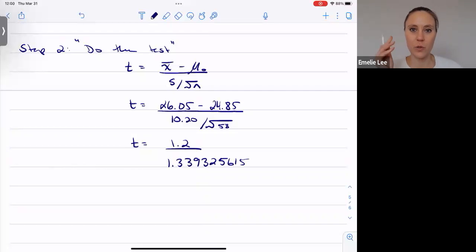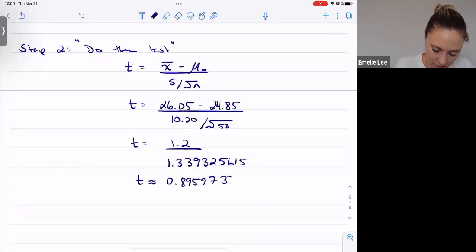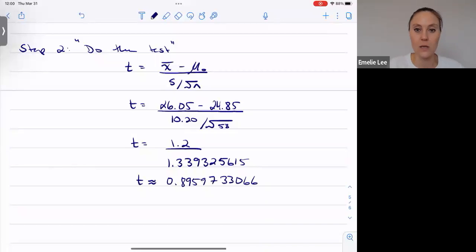Of course, you're going to store all your decimal places or keep them somehow, right? But 120, getting sloppy here, divided by that guy. I get a T of approximately 0.8959733066.